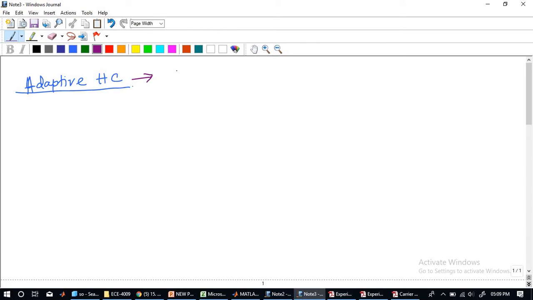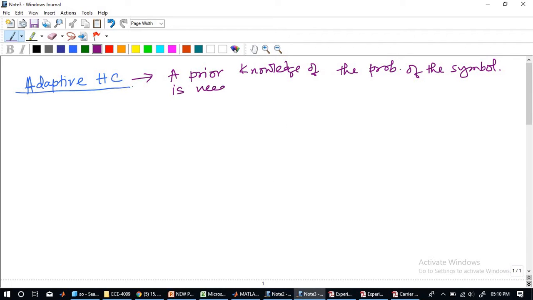The main reason is that a prior knowledge of the probabilities of the symbols is needed, or rather essential, to form the code words.